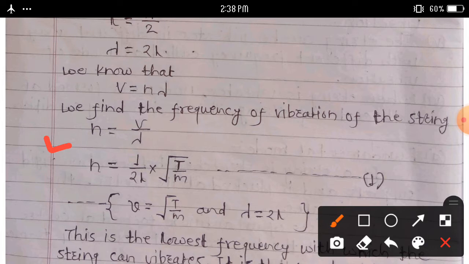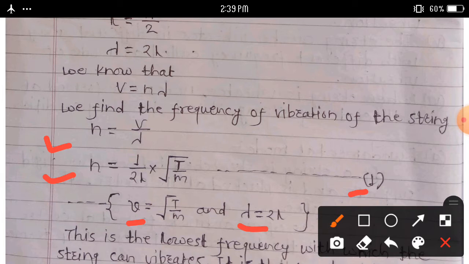We know that v is equal to square root of T upon m, and lambda is equal to twice l. Then this equation becomes n is equal to 1 upon twice l into square root of capital T upon m. Consider this equation one. This is the lowest frequency with which the string can vibrate. It is the fundamental frequency of vibration, or first harmonic.